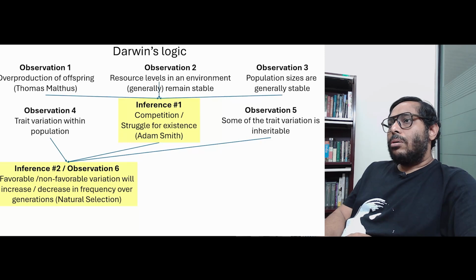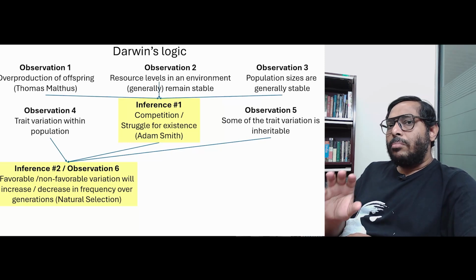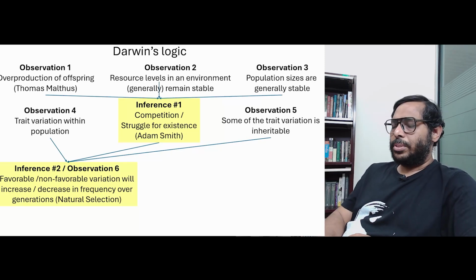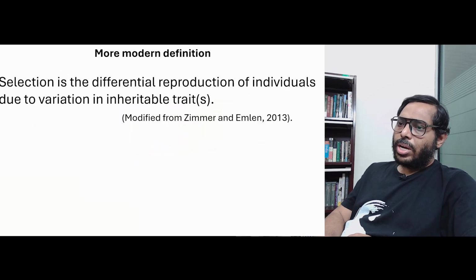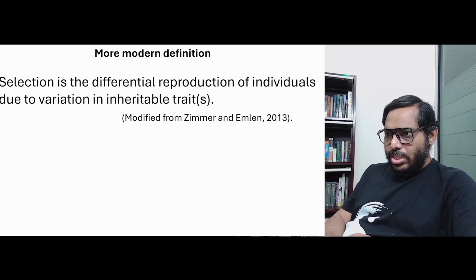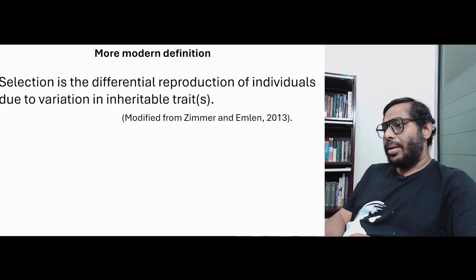Now, nowadays we think of the same process in slightly different words, which slightly changes the way we emphasize the concepts. In today's parlance, one can define selection as the differential reproduction of individuals due to variation in inheritable trait or traits, right?